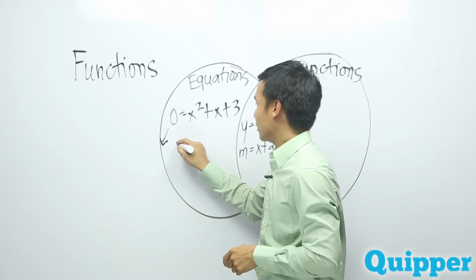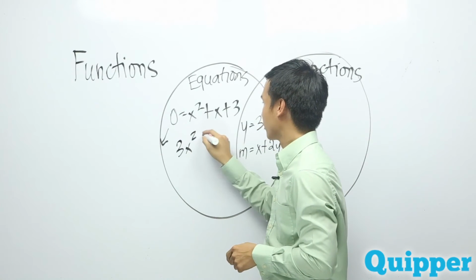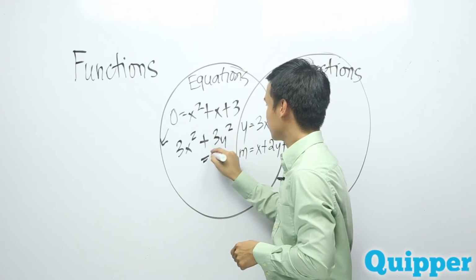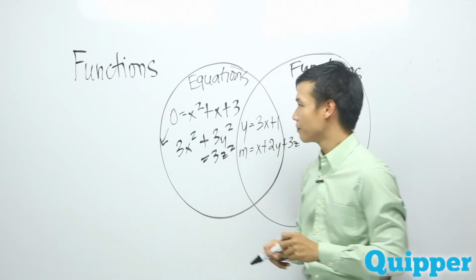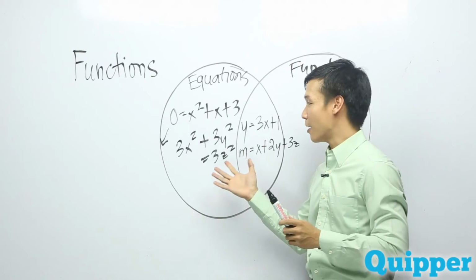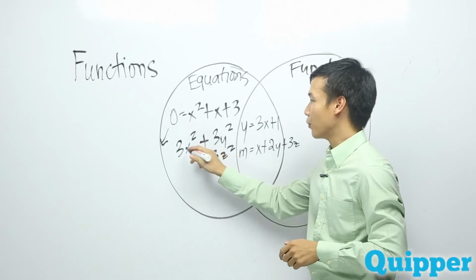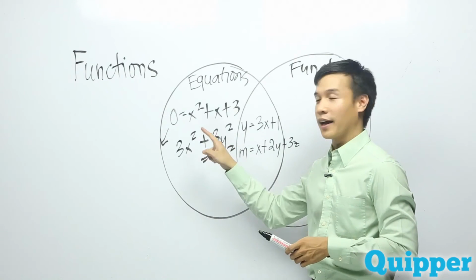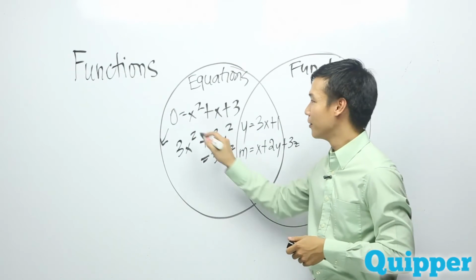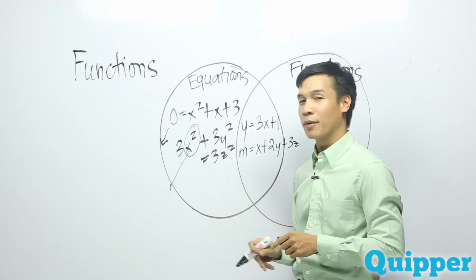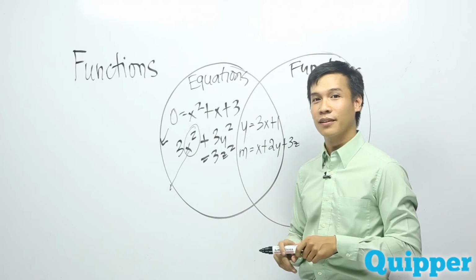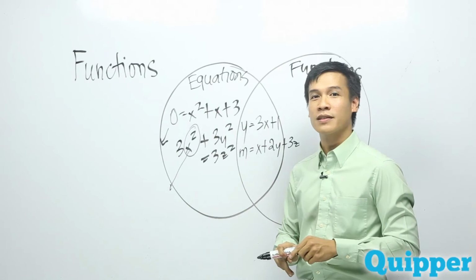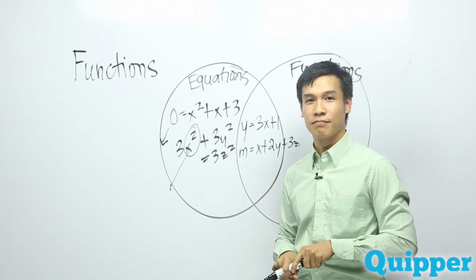How about this one? This is a more complicated math, but with this example, there are no unique values for any one of these. Remember, if you have an x squared, you have a possibility of having a negative or a positive value. So these are examples of equations that are not functions.